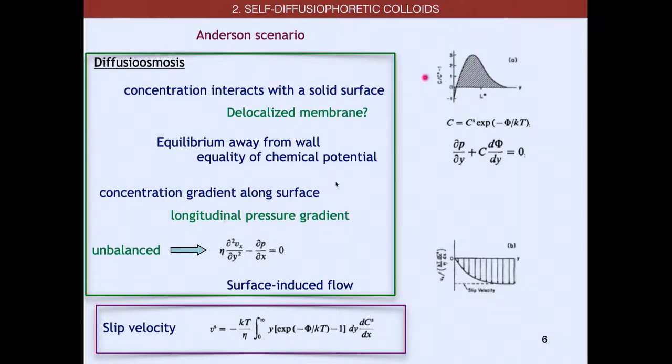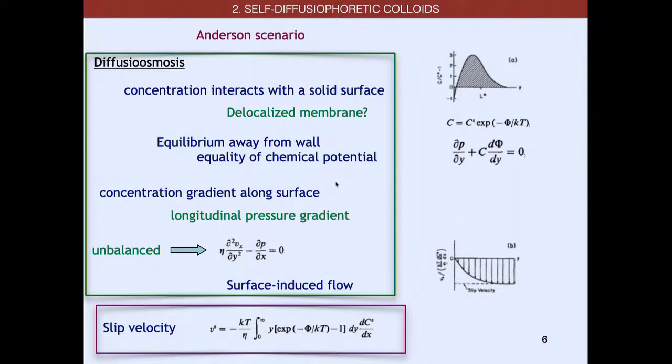The basic idea, just to set the frame, is that if you think of the surface of the colloid, here being vertical, and the colloid attracts certain species, the concentration of these species perpendicular to the surface will not be uniform. In lowest order, it will be an exponential profile that will depend on phi, the potential of attraction.